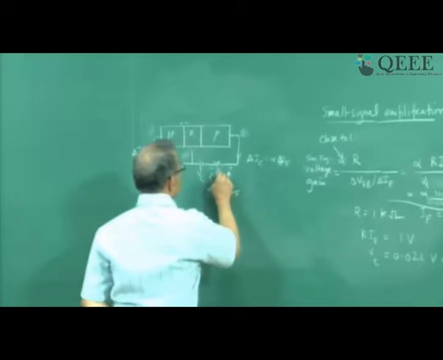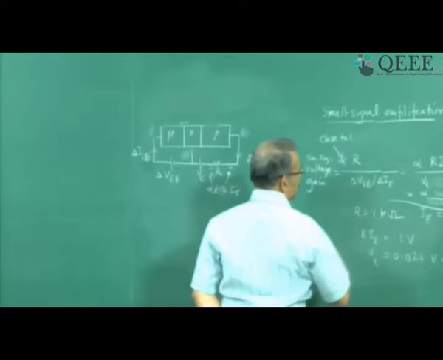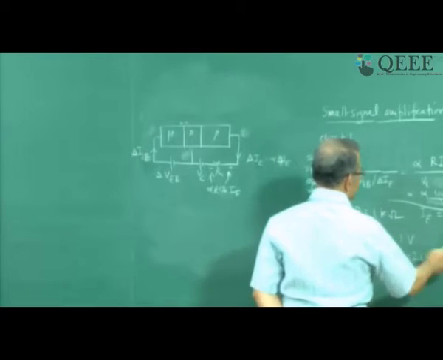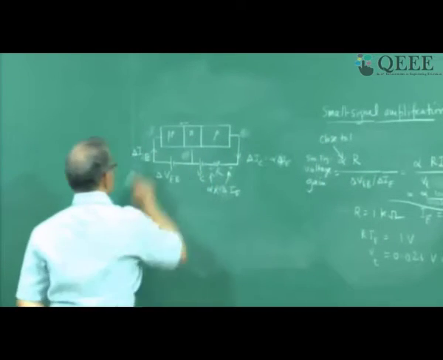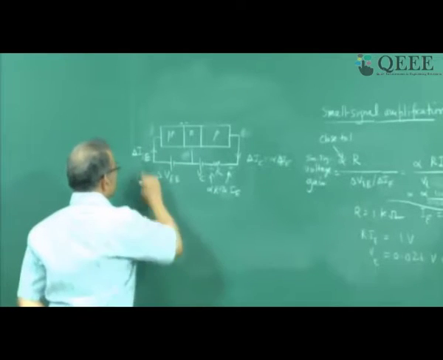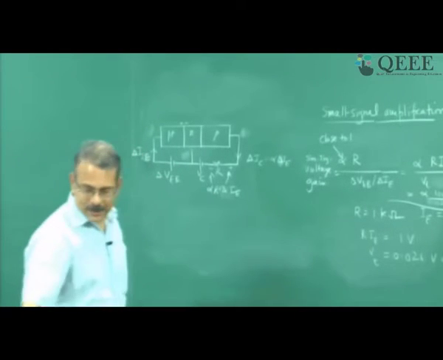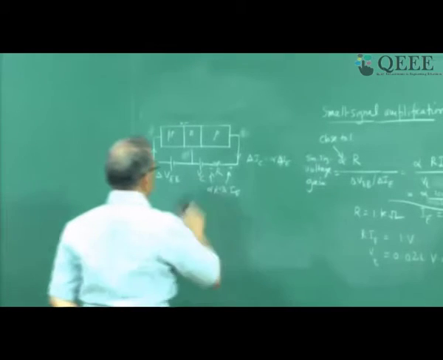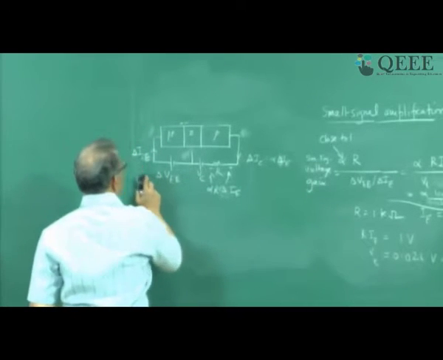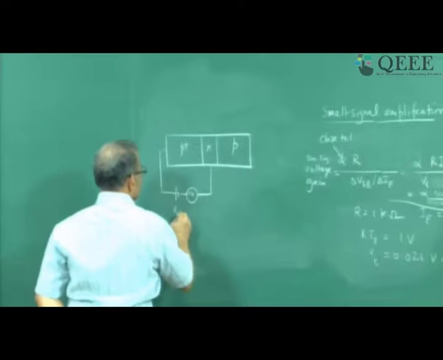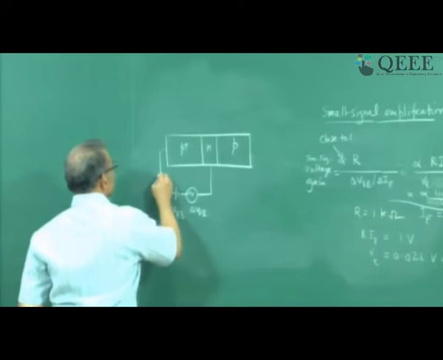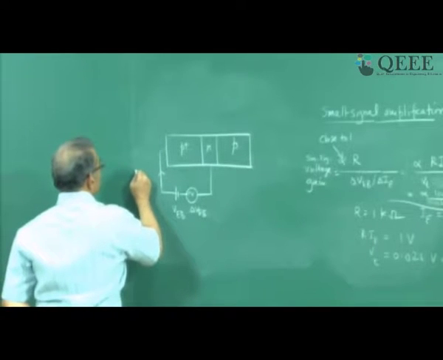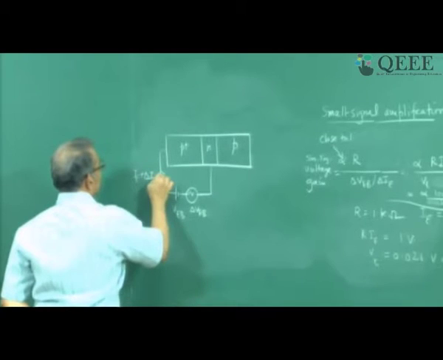If I choose R of 1 kilo ohm, and it is room temperature 300 K, and if the current IE is 1 milliampere DC current. So actually the transistor action, if I want to summarize, I will show it as follows. This is DC VEB, this is delta VEB superimposed over VEB. As a result, your current is IE plus delta IE.